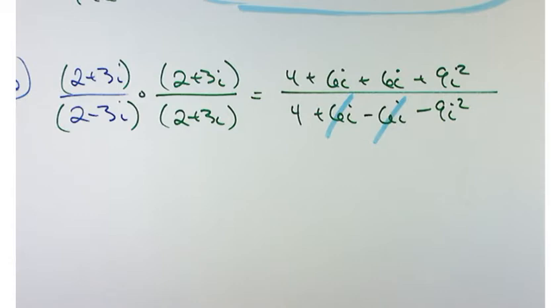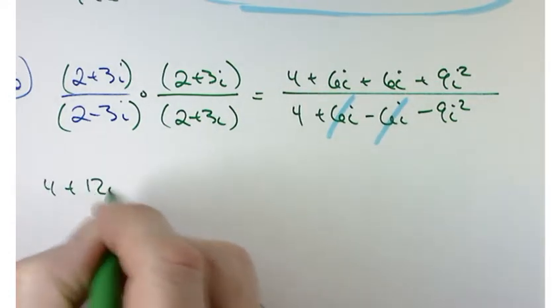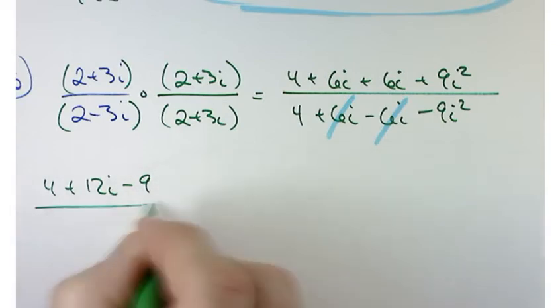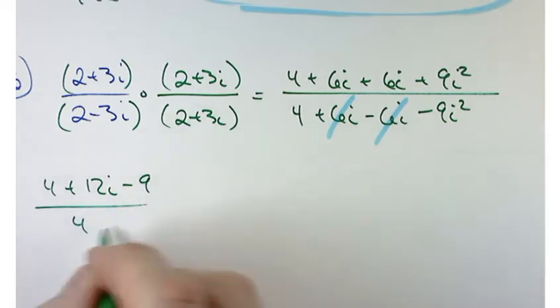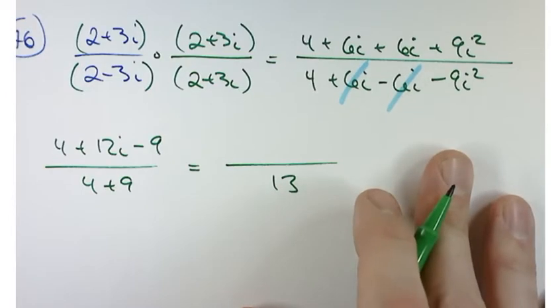In the numerator, I can add up the like terms. I get 4 plus 12i minus 9 over 4 plus 9. So overall in the denominator I get 13.